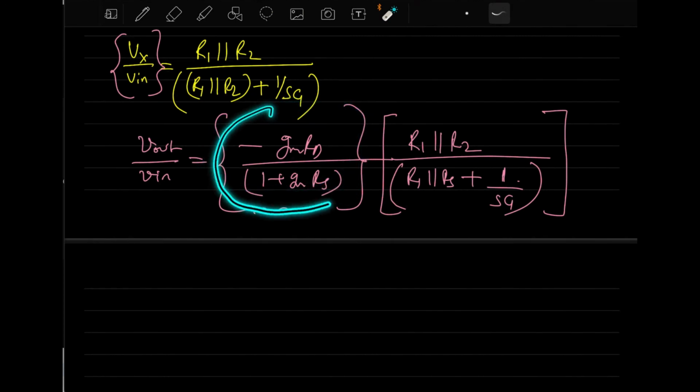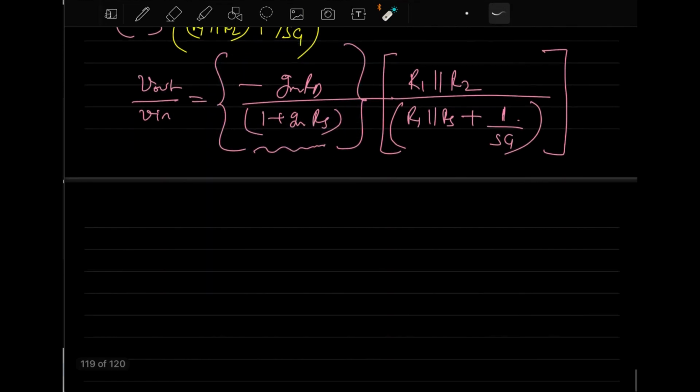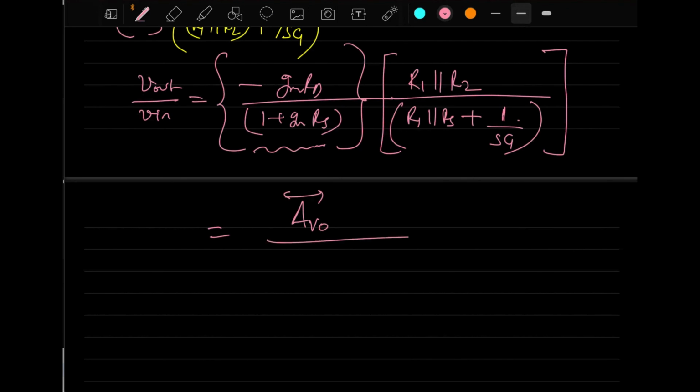If you remember, we have a mid-band gain divided by 1 plus S over omega P1. We were writing it like that, right? When we started this frequency response discussion.